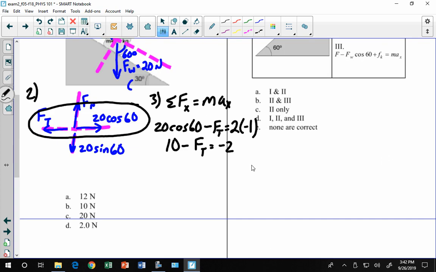What's that? Ft equals 12. So A is the right answer. I subtract 10 from both sides, multiply both sides by -1 to get positive 12. Okay?